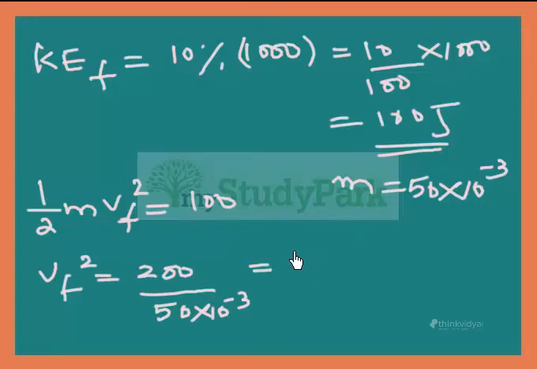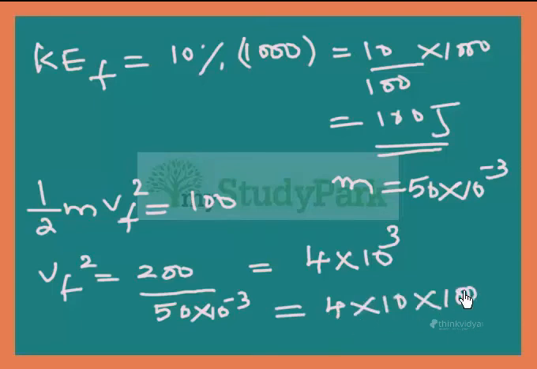So 200 divided by 50, you should be getting the value as 4 into 10 to the power of 3, and that would be written as 4 into 10 into 100.